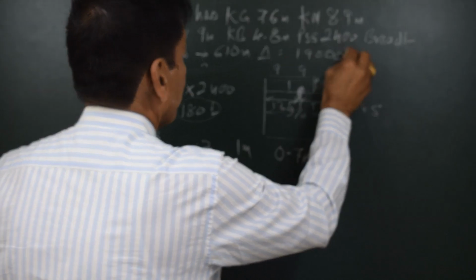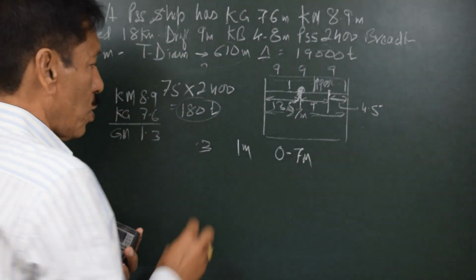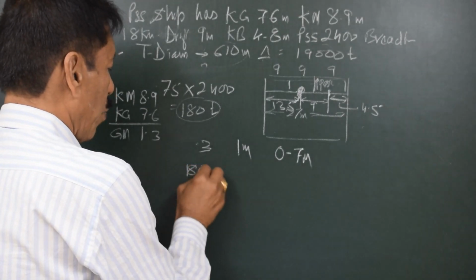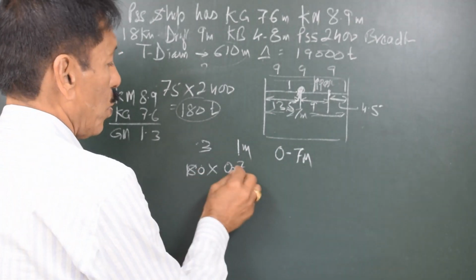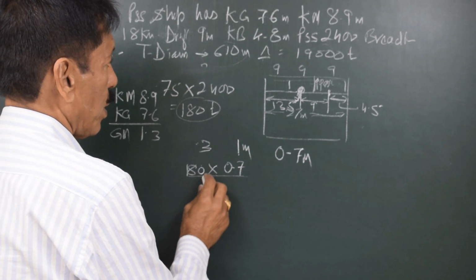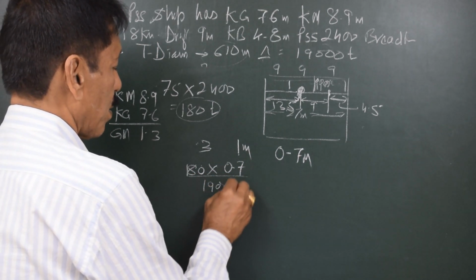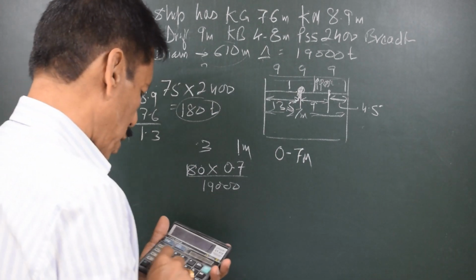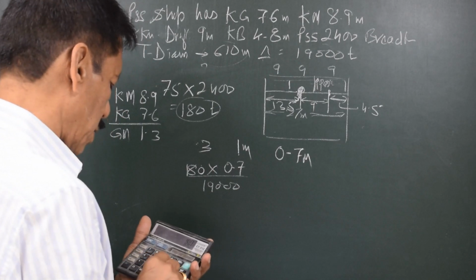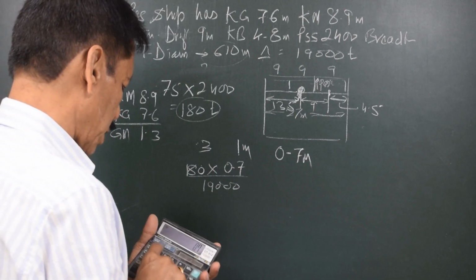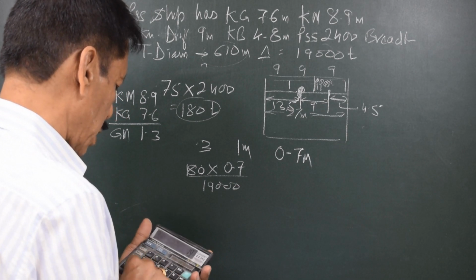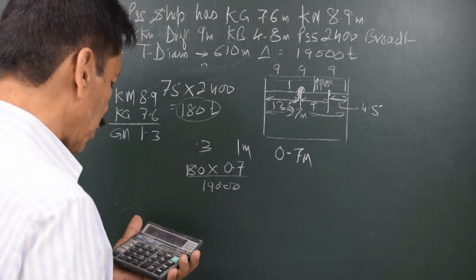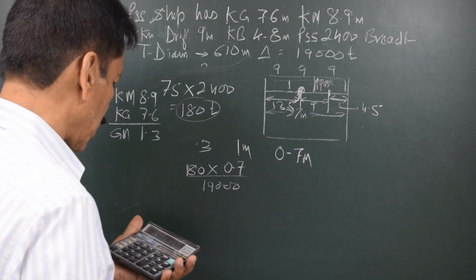So let's say the displacement of the ship is 19,000 tons. What happens when a weight of 180 moves upwards by 0.7 meters? W into d divided by the displacement, that is 19,000 tons. 180 into 0.7 divided by 19,000 gives me 0.007.